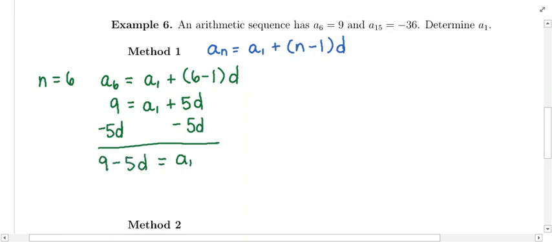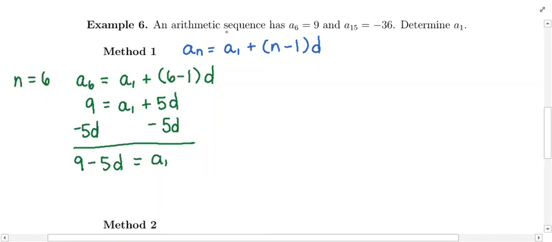I am going to do the same thing for A15. I'm going to go to this blue equation and plug in n equals 15.